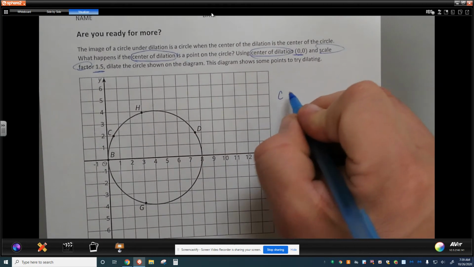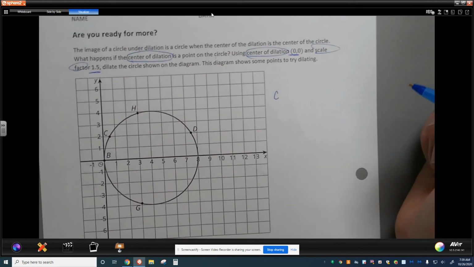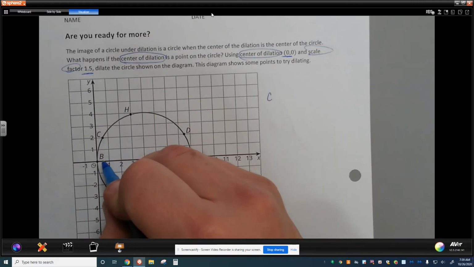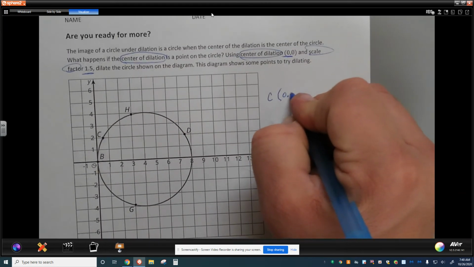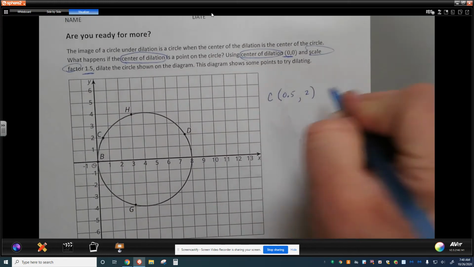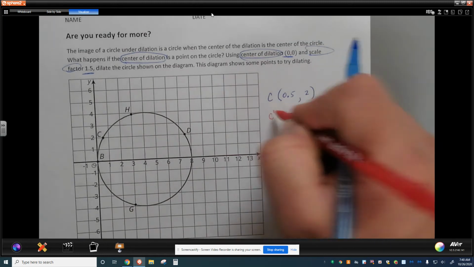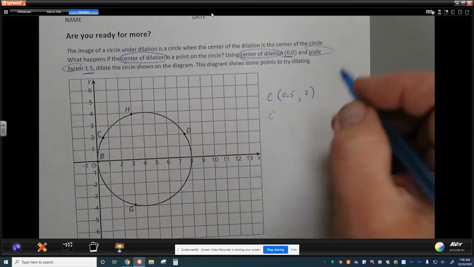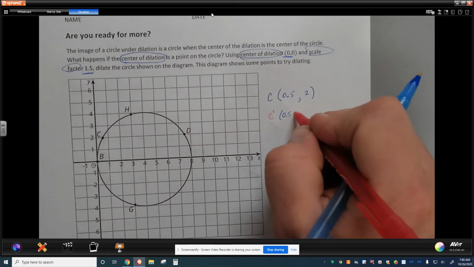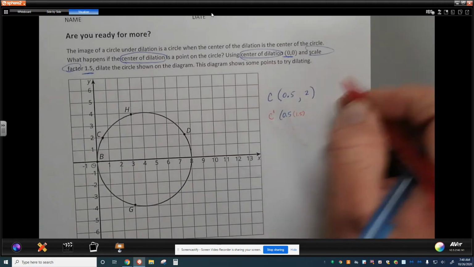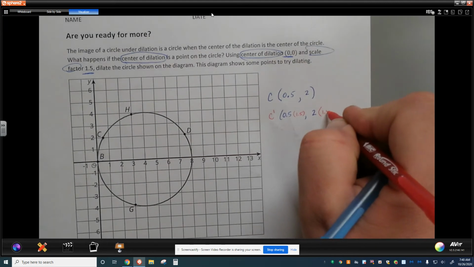1.5 times greater. I'm going to show you a little bit different way of what we can do with this. What we see is that this ordered pair, point C, is at 1/2 and 2. When I want to go to C prime, I need to take my scale factor and multiply both of these figures, the original 1/2 times 1.5 and 2 times 1.5.